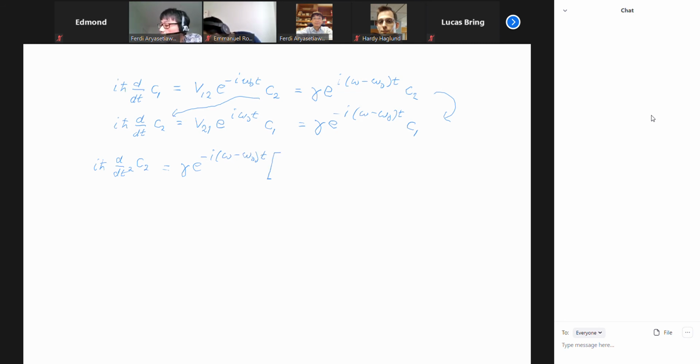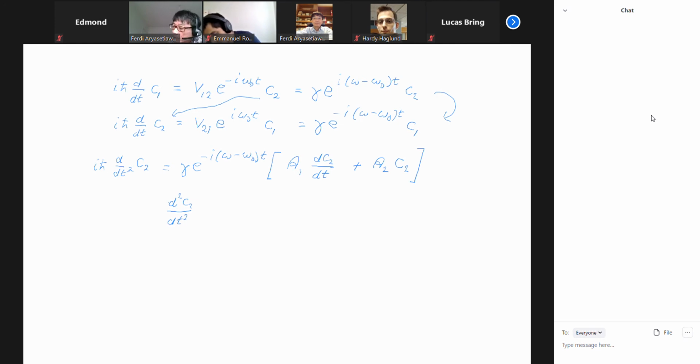And then we have some coefficients here, so let me just call it the coefficient of dC2/dt. I don't want to spend too much time doing this algebra. And then we have another coefficient, of C2, of this form. If we work this out, then we get the second order differential equation for C2.